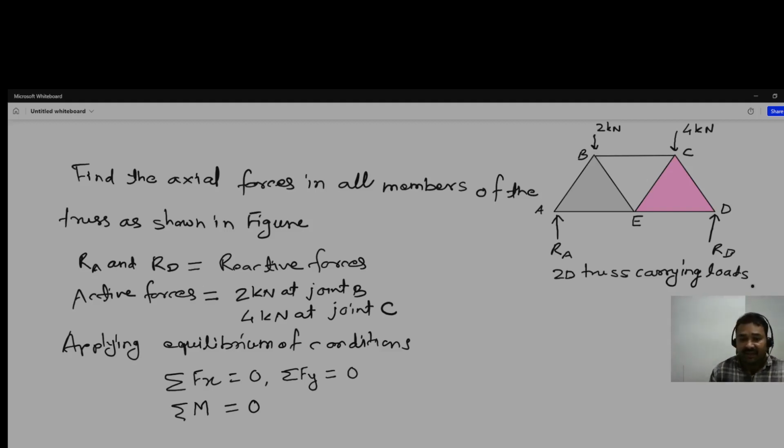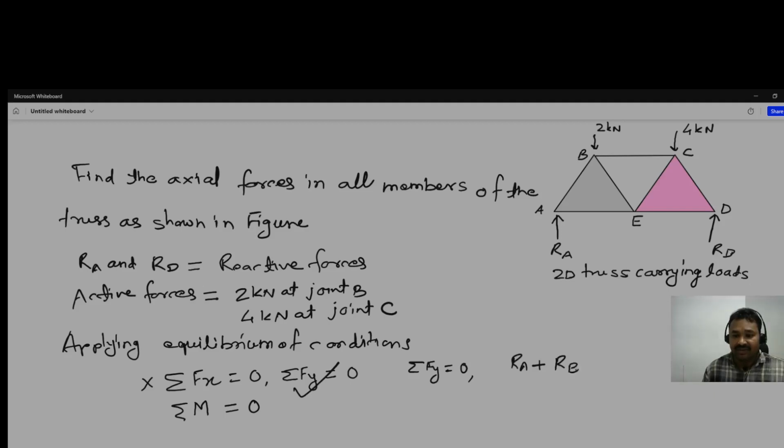So applying the first one, summation of Fx is equal to 0, we cannot apply here because there are no horizontal forces. That's why summation of Fy is equal to 0, and then what we will get, RA plus RD.